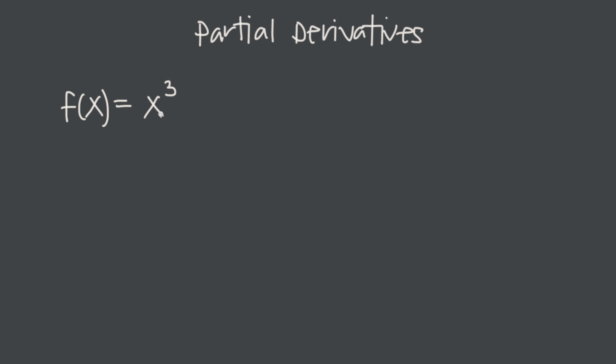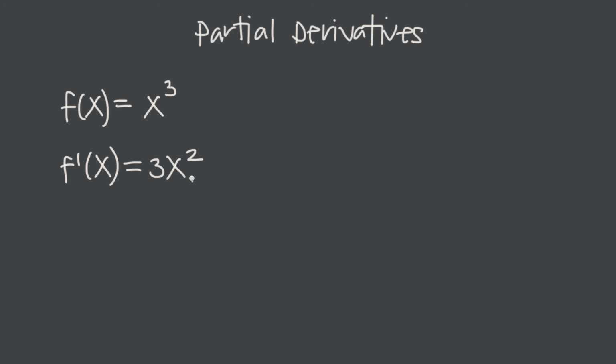We already know how to take the derivative of a function like this. We call the derivative f prime of x, and in this case we would simply use the power rule, so the derivative of x cubed would be 3x squared.